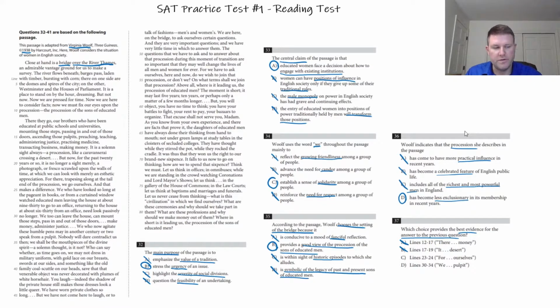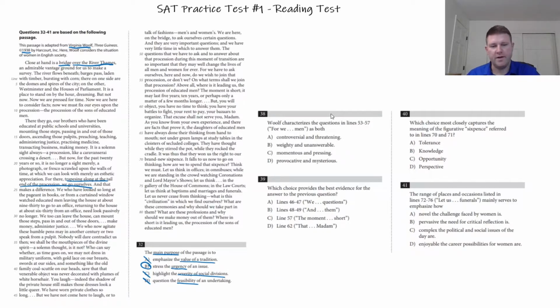But focus on what the previous question was asking about. It's about the procession and how it became less exclusionary. So these lines have to spell out that women are now joining that procession. And that was in lines 23 through 24. Because traipsing along at the tail end of the procession, we go ourselves. It's more direct evidence. Even though D is talking about the deeper issue, this is more directly spelling out the answer for 36. And that's exactly how you want to approach these evidence questions for the answer to the previous question.